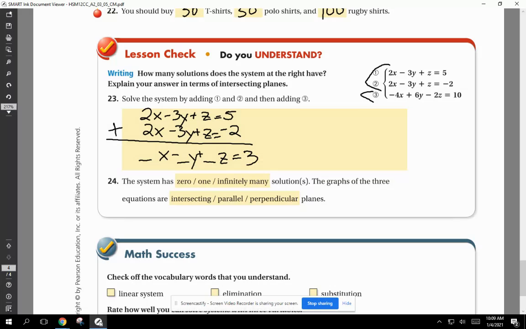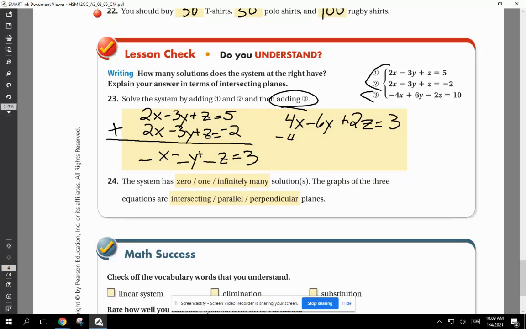So what they want you doing is getting that answer, right? And then adding it to number 3. When you add it to number 3, I'll give you the hint right here. It's 4x minus 6y plus 2z equals 3.